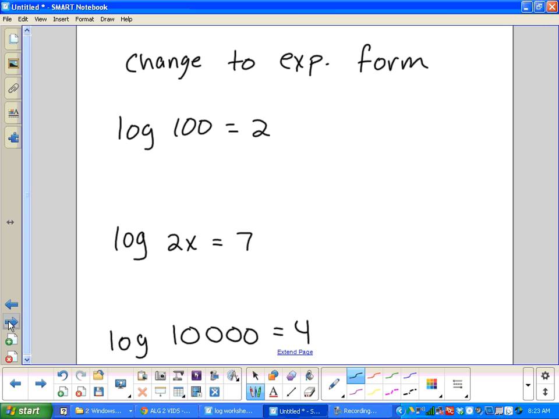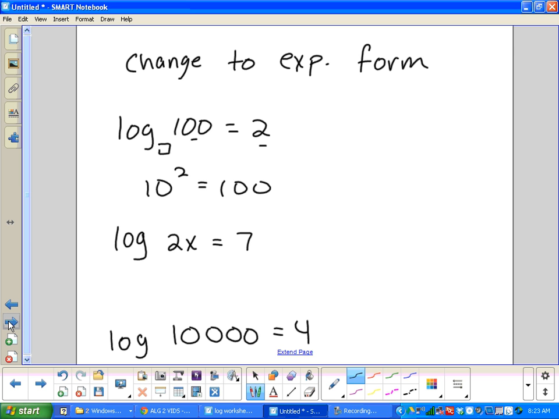To switch this to exponential form, remember we take the base, which is missing, and raise it to this power, and it's equal to this number. So the understood base of 10 raised to the second power should equal 100, and that makes sense because 10 squared is 100.